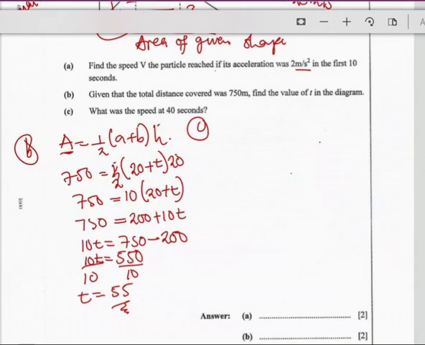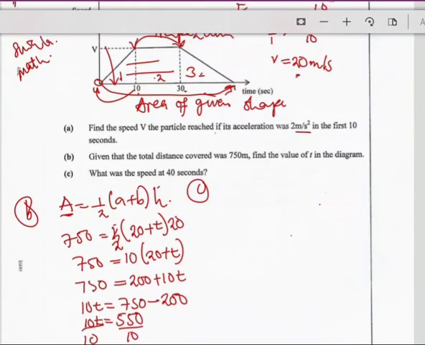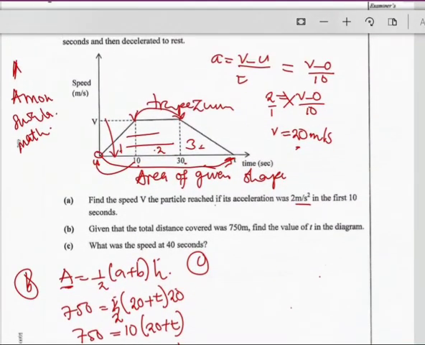Now coming to C, what was the speed at 40 seconds? Let's have a clearer look at it so that we can see what we mean.